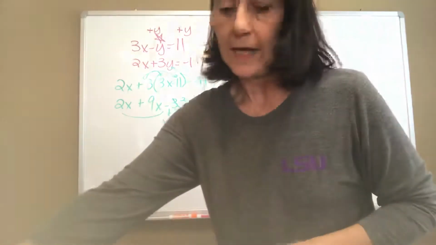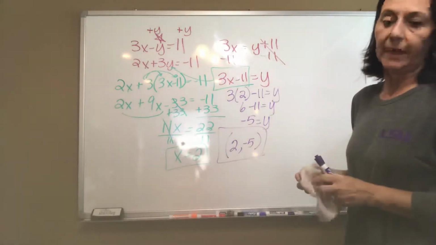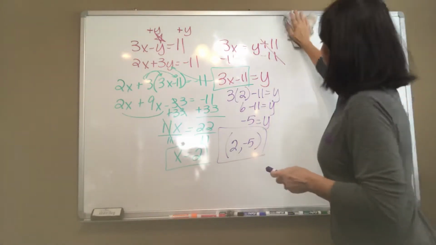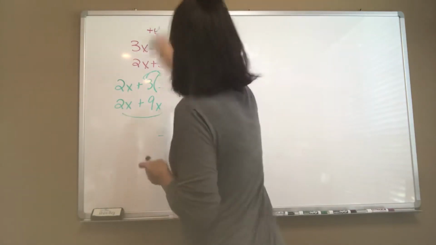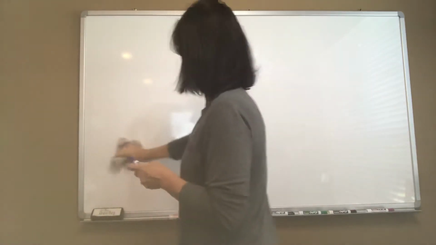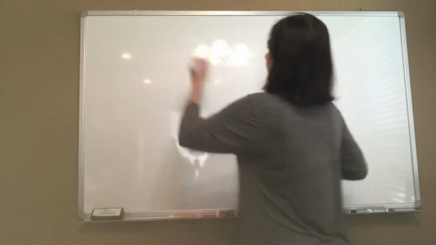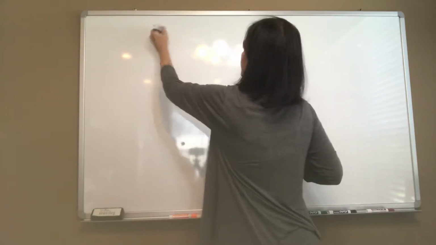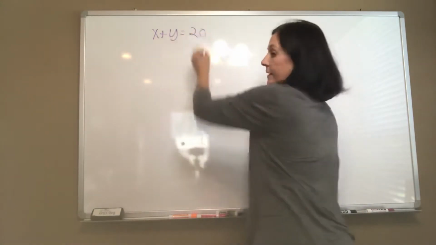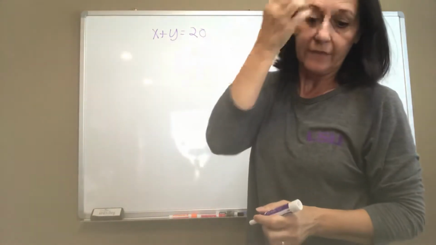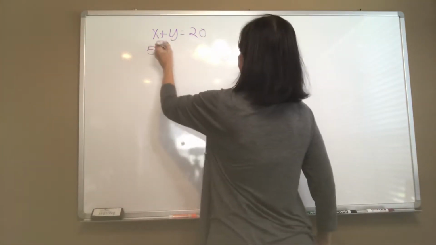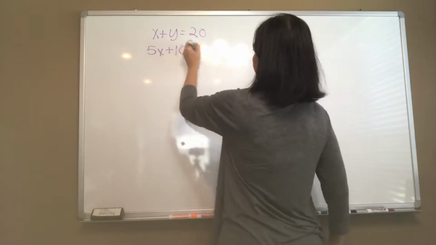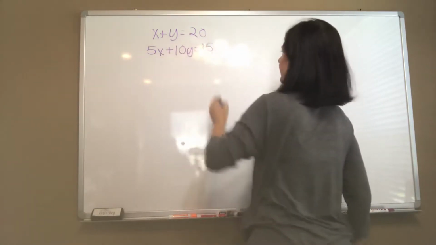For the third example, on page 79, we have x plus y is equal to 20, and 5x plus 10y equals 150.